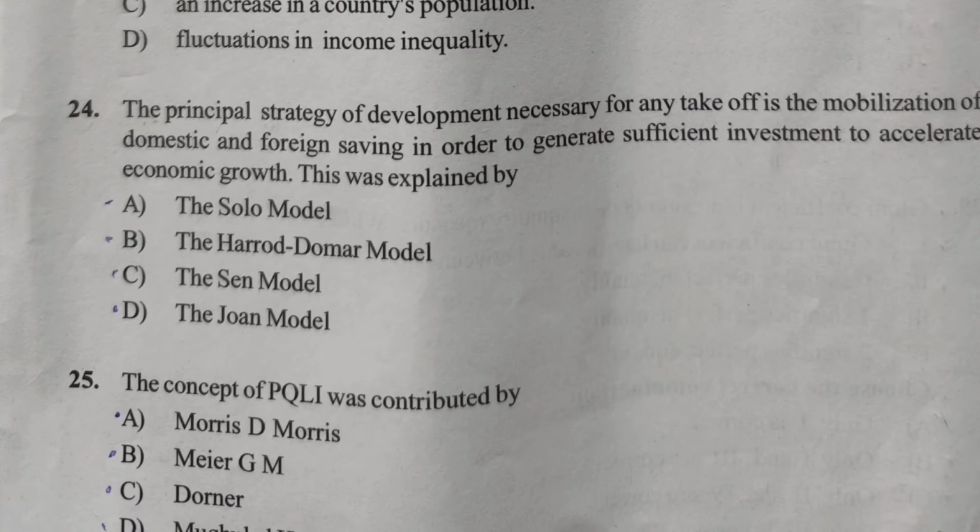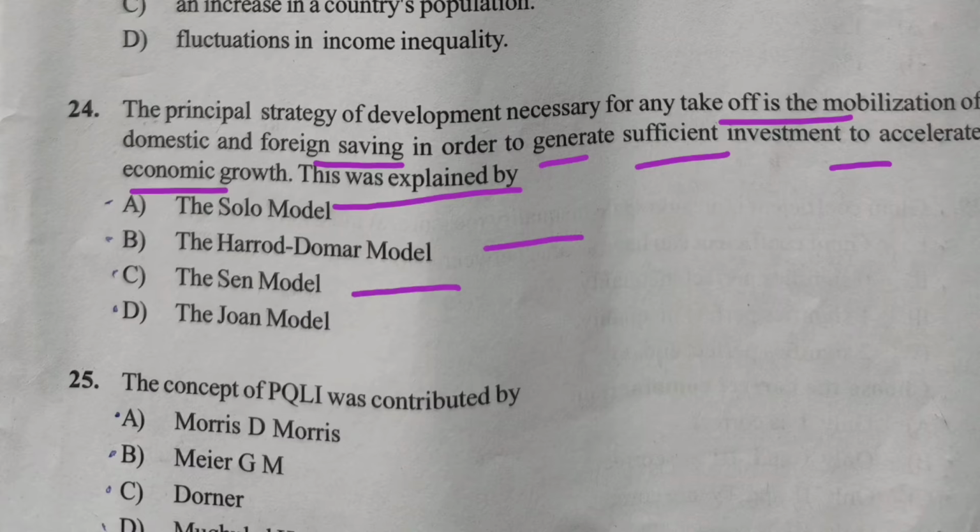Then we are being given the statement: the principal strategy of development necessary for any takeoff is the mobilization of domestic and foreign savings in order to generate sufficient investment to accelerate economic growth. This was explained by Solow, Harrod-Domar, Sen model or John Meade model.